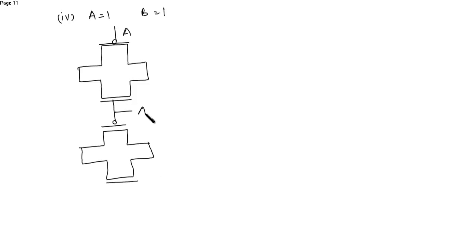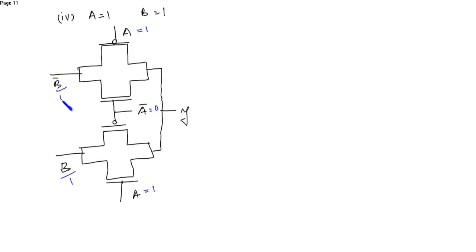This is A, this is A bar, this is again A, this is B bar, B. So now this is the output Y. So here if A is 1, then A bar equals 0. If B is 1, then B bar is equal to 0. This is P1, N1, this is P2, N2.